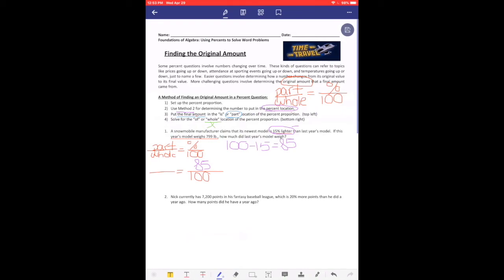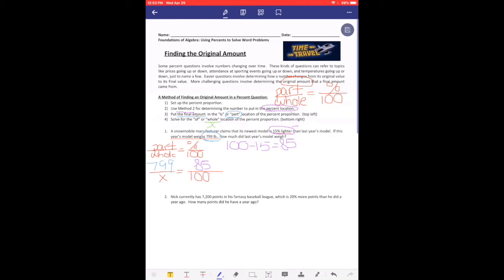So this part is 799. And we're trying to find the whole, the original amount, and because we don't know that, we're going to put an x here.